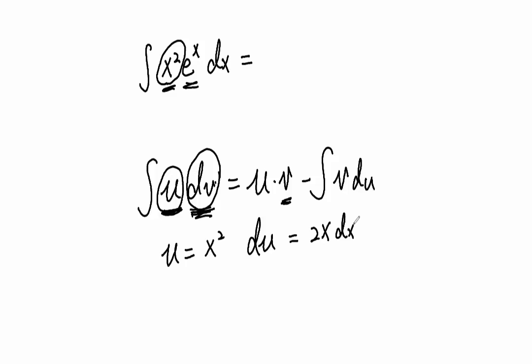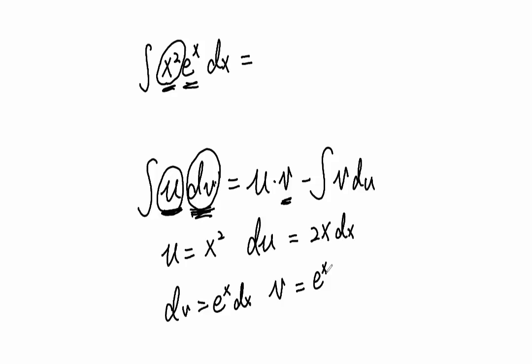Okay, now we're going to decide the same way we did for dv. So our dv will be everything left, e to the x dx. Now I'm going to go faster because I know the v: that's integration on both sides, v equals e to the x. Okay, that's it. Now we're prepared to substitute into our formula, right?